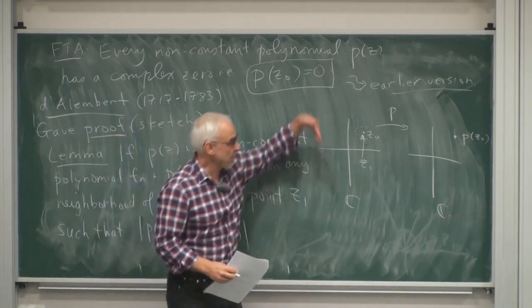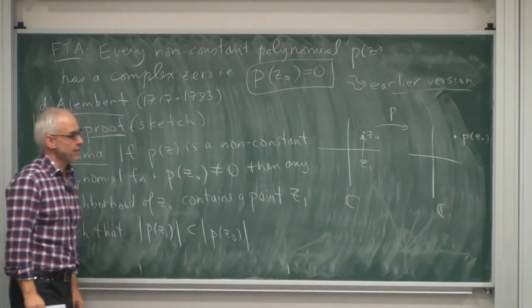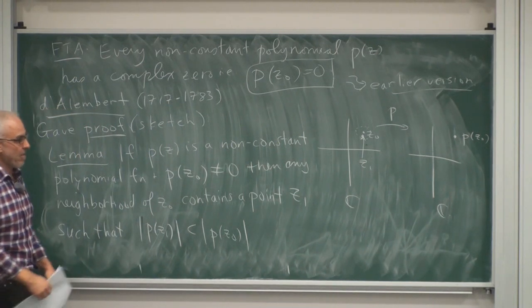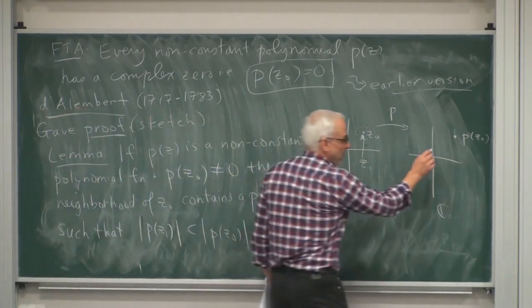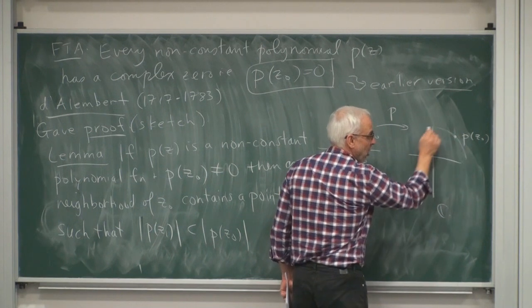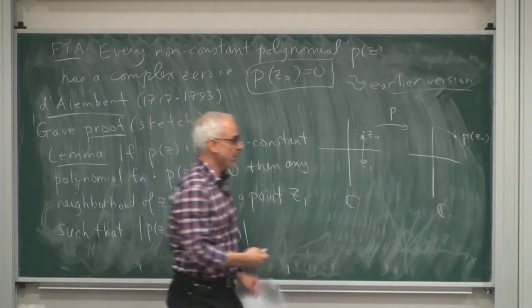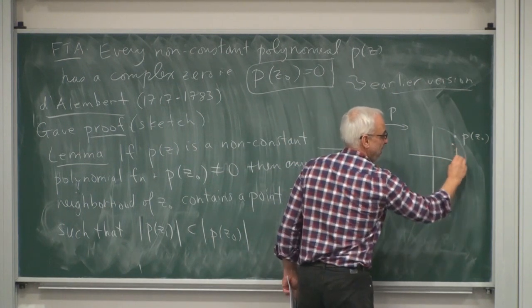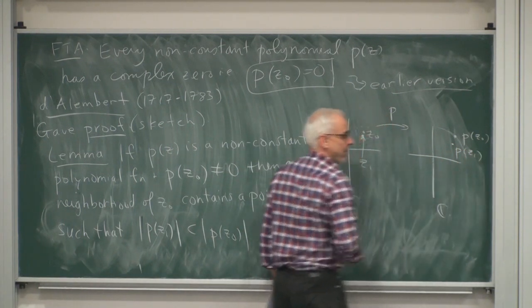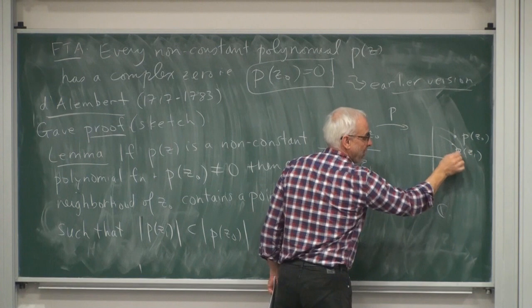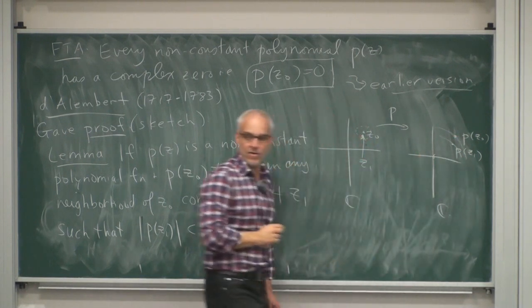so that when you look at the image of Z1 under the map, you get something which is closer or smaller than P of Z0 in absolute value. So that P of Z1 will be closer to the origin than is P of Z0.